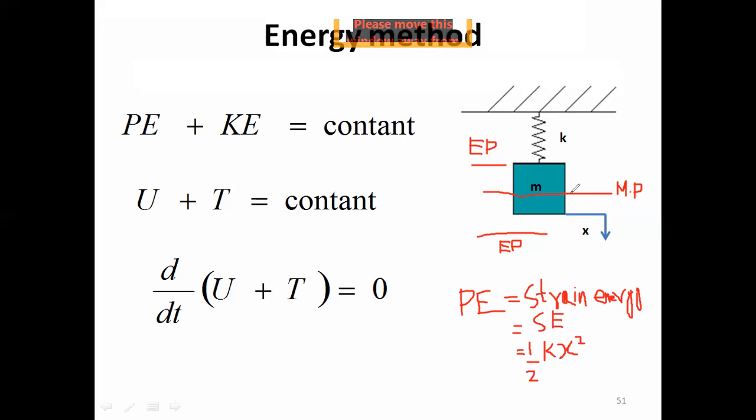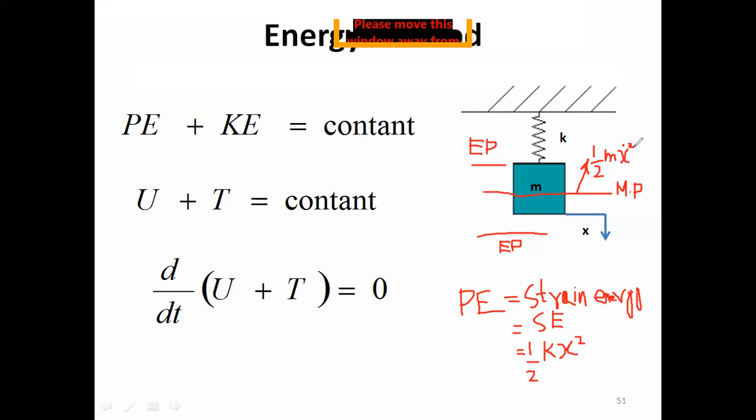It is half m v squared, which here is half m x dot squared.